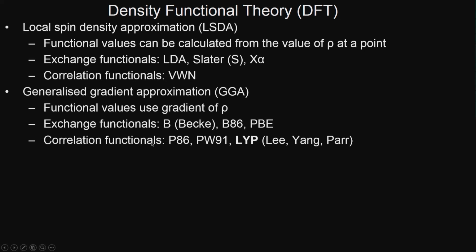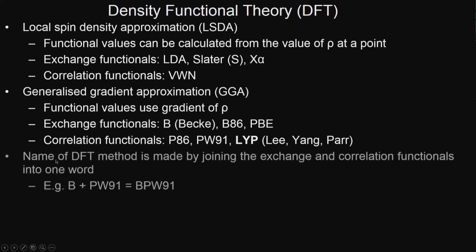The name of the density functional method is made by joining the exchange and the correlation functional into one word. Okay, so we have BP86 and so on. B comes from exchange, P86 comes from correlation, so you combine them. So you can have different types of density functionals by combining the exchange functionals with the correlation functionals.